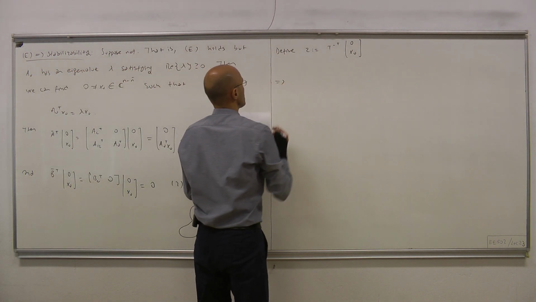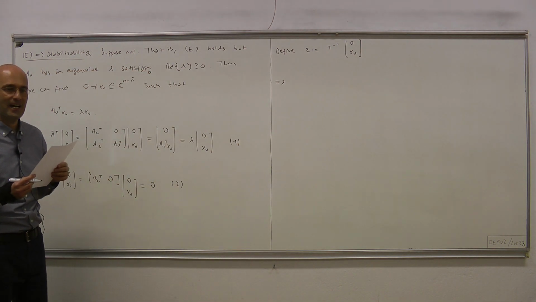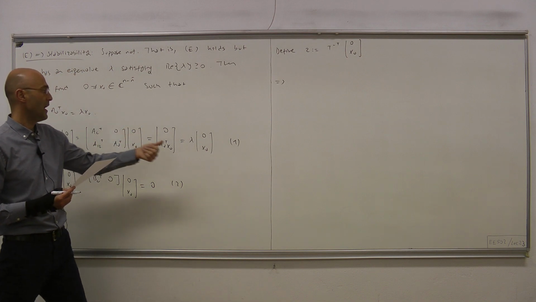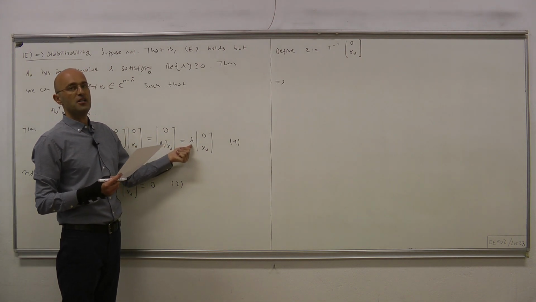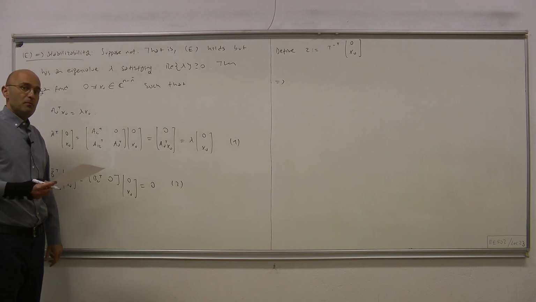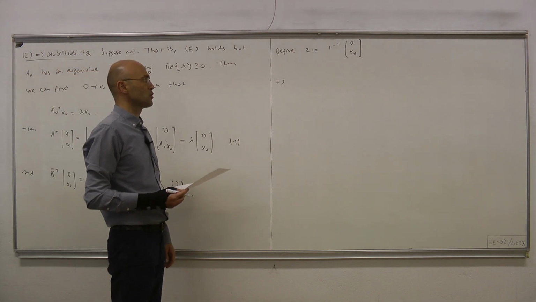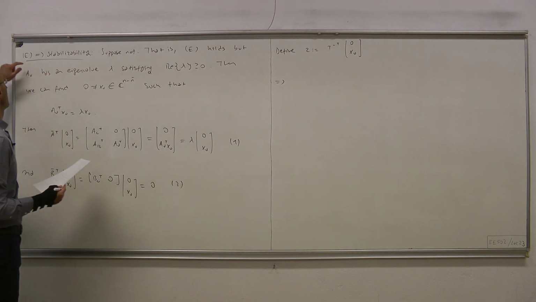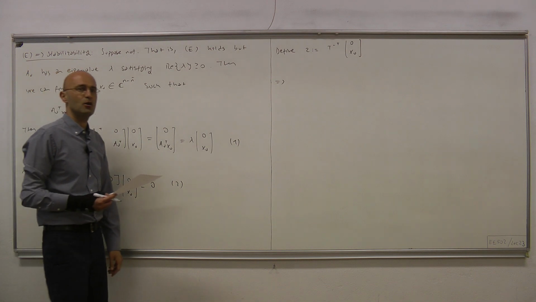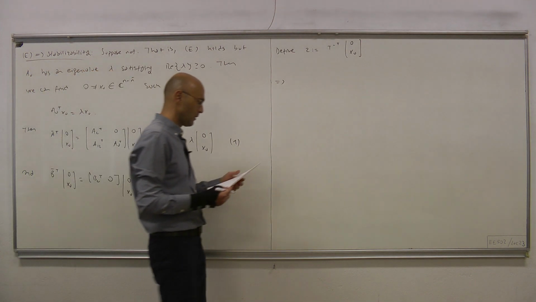So we will now show that z is an eigenvector for A transpose, and the corresponding eigenvalue is lambda. Furthermore, that z belongs to the null space of B transpose. Okay, if we can show that, we will have shown that this statement is violated, and we will have the contradiction that we wanted.